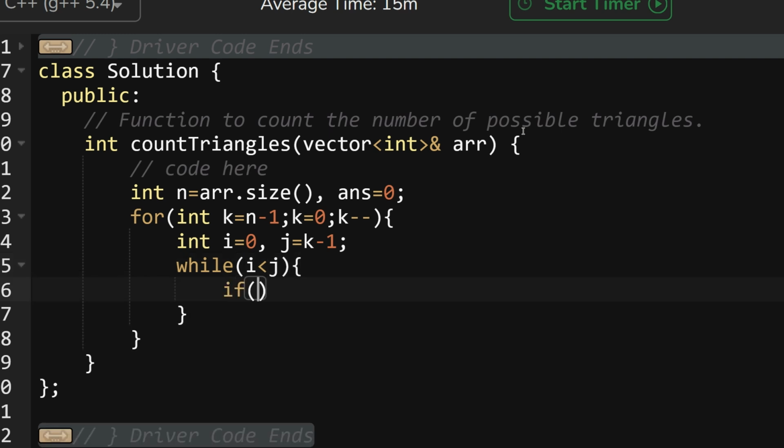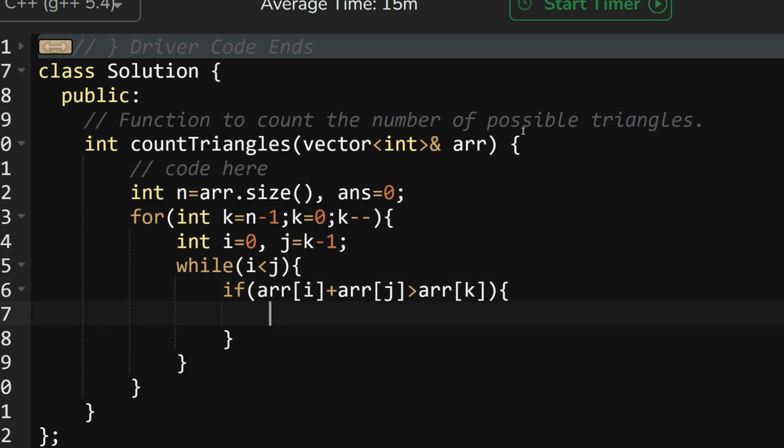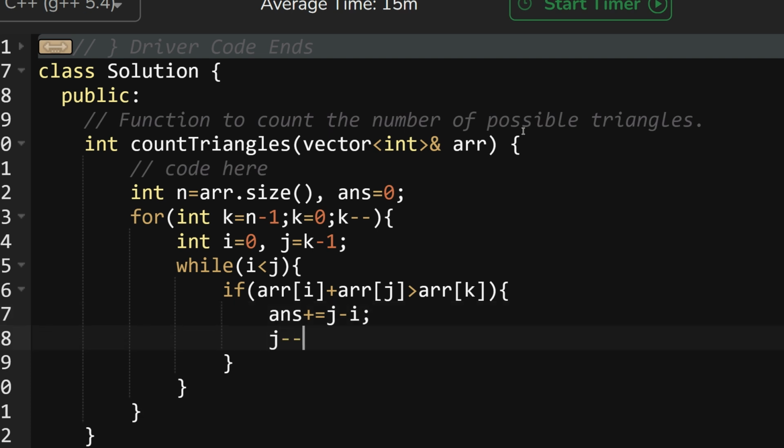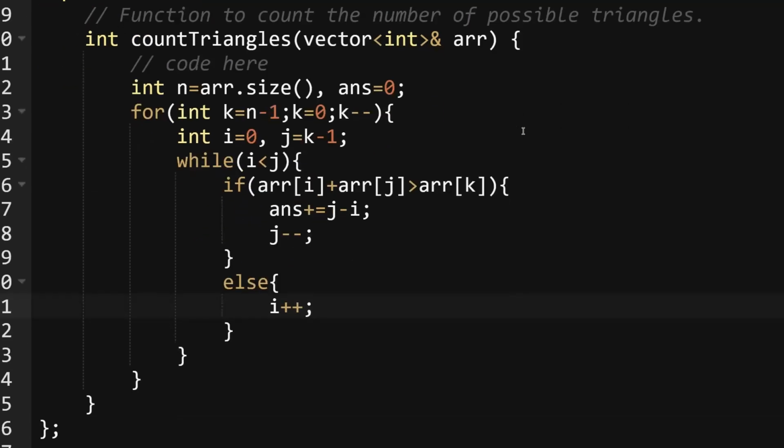If ARR of i plus ARR of j is greater than ARR of k, in that case, valid pair, then answer plus equals to j minus i and j minus minus, else i plus plus. As simple as that.